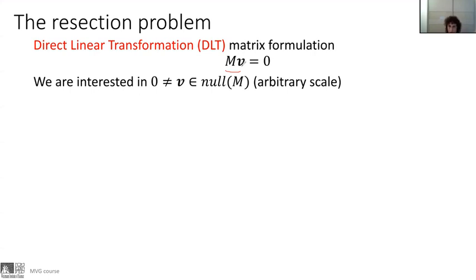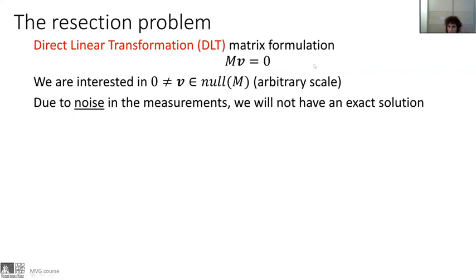V includes the columns of the camera matrix and the lambda i's. M includes the measurements from the world and from the image. I would like to get a vector in the null space of M up to some arbitrary scale, not the 0 vector, of course, not the trivial solution. And as I said before, if I have noise, the null space will be empty, so I will not have an exact solution.